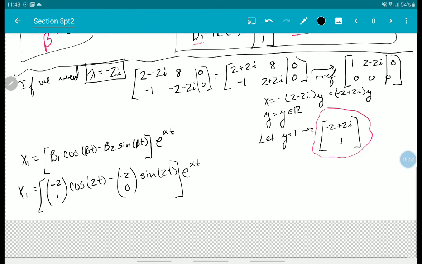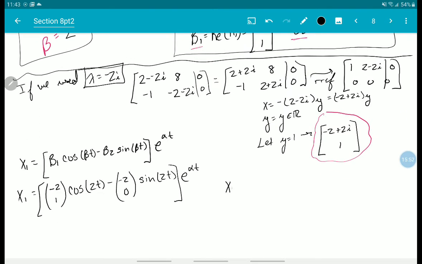And then our x2 can be written as b2 cosine of beta t plus b1 sine of beta t. All of that's multiplied by e to the alpha t.